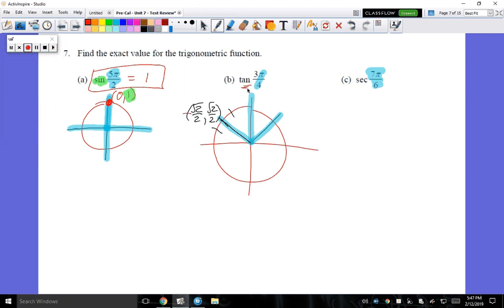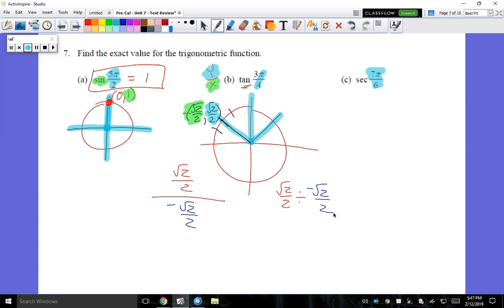The tangent is y over x. And yes, you can write it as y over your x value of negative root 2 over 2, or you could just write it linearly, if you will. So it'll be root 2 over 2 divided by this negative root 2 over 2.